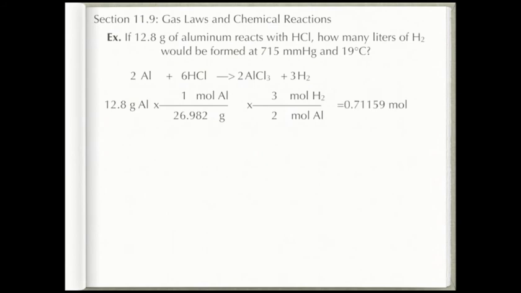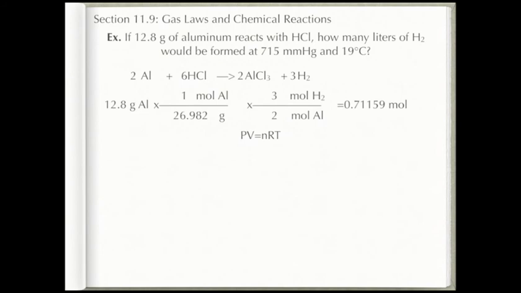And so that equals 0.71159 moles of hydrogen gas. So now I have my moles of hydrogen gas, I know the pressure of my hydrogen gas, and I know the temperature of my hydrogen gas. And so what I can do is now use PV equals nRT and solve for the liters of hydrogen.